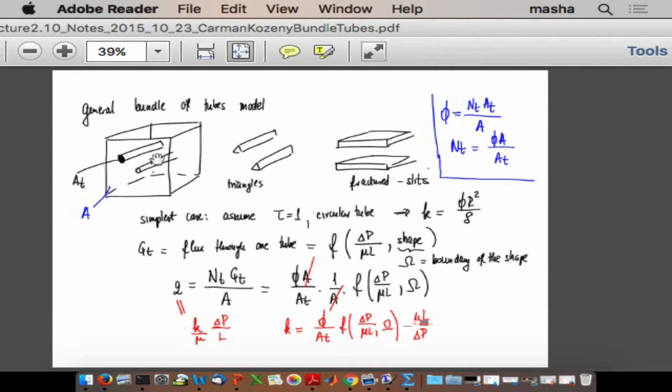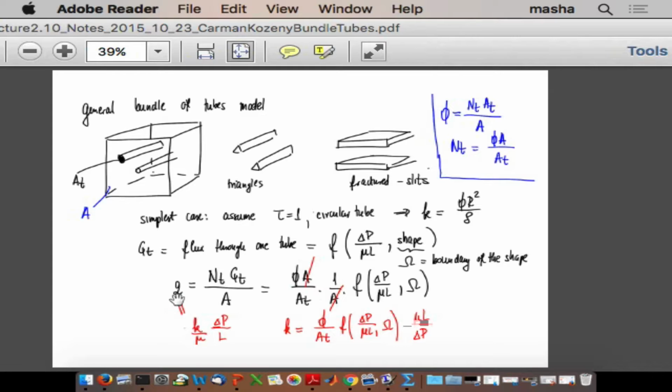Now, the way I relate my tubes to actual porosity, I know that the porosity is the number of these tubes times their area. So this is the cross-sectional area of each shape divided by the total area of my side, right? So basically, the number of tubes is simply porosity times the area of the side divided by the cross-sectional shape area.